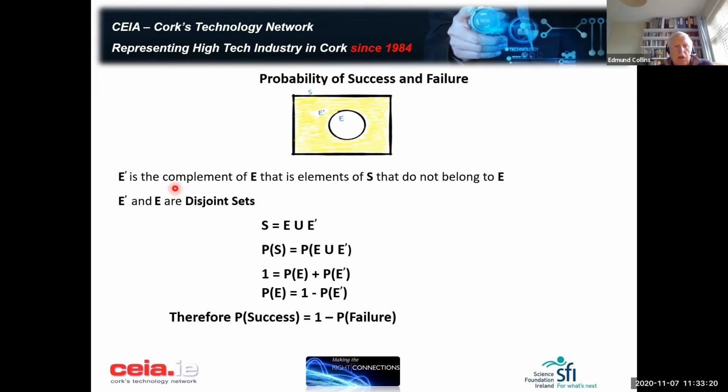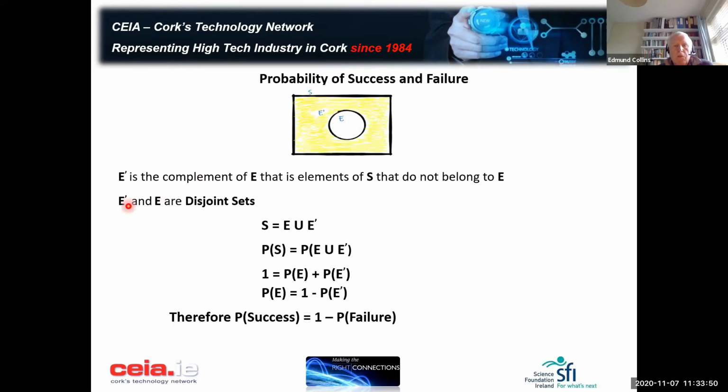So E dash is the complement of E. What is the complement of E? That's the elements of S, sorry, that do not belong to E. So if we take our rectangle here as the sample space, the event is inside the circle. The complement of E is everything else.